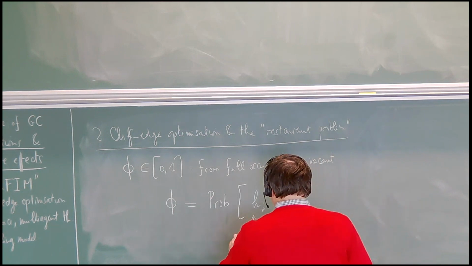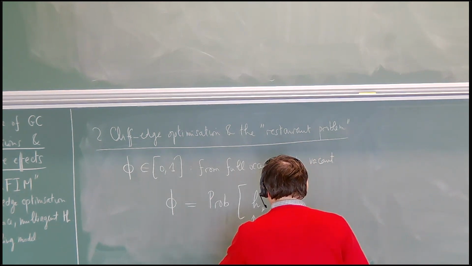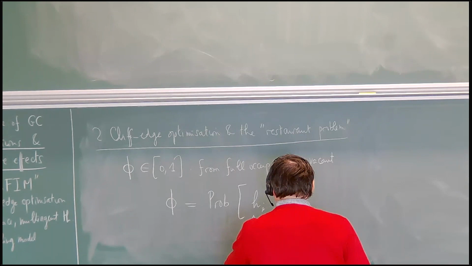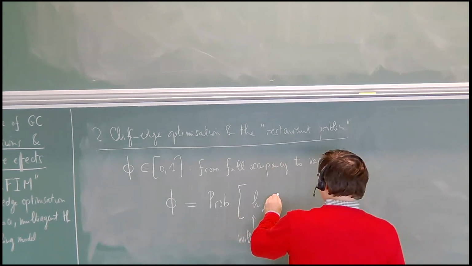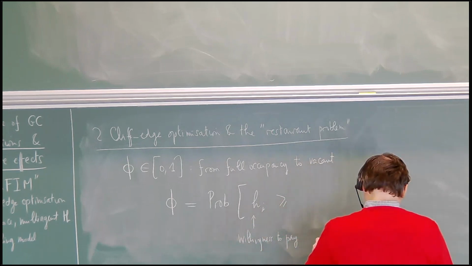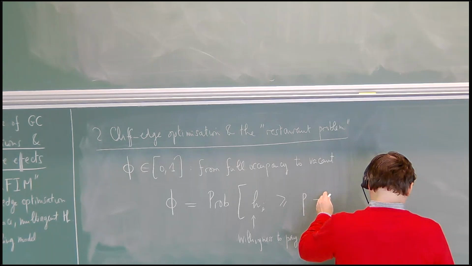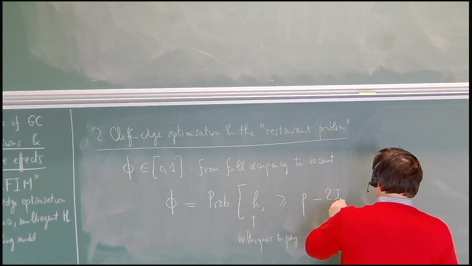So often this is called the willingness to pay. So the probability that h_i is greater or equal than the price minus 2J0 phi.